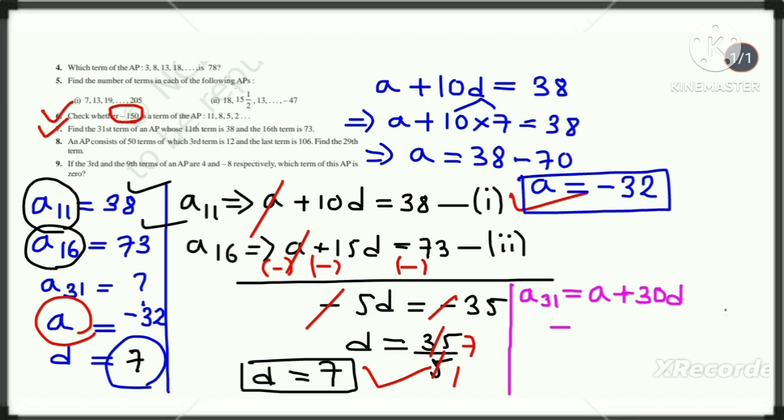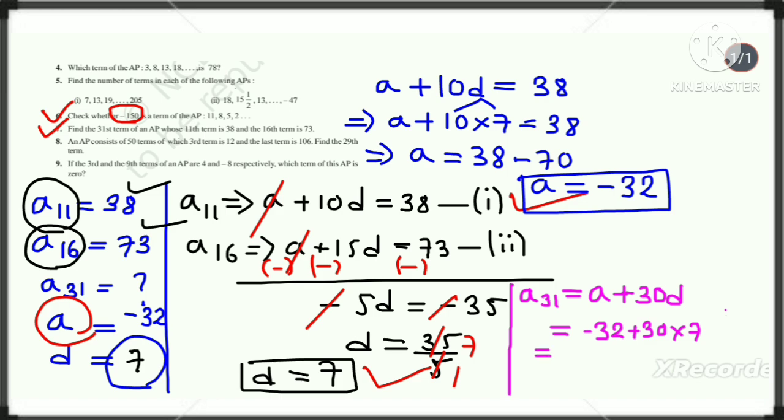Now A, we have obtained minus 32, plus 30 into D, we have 7.